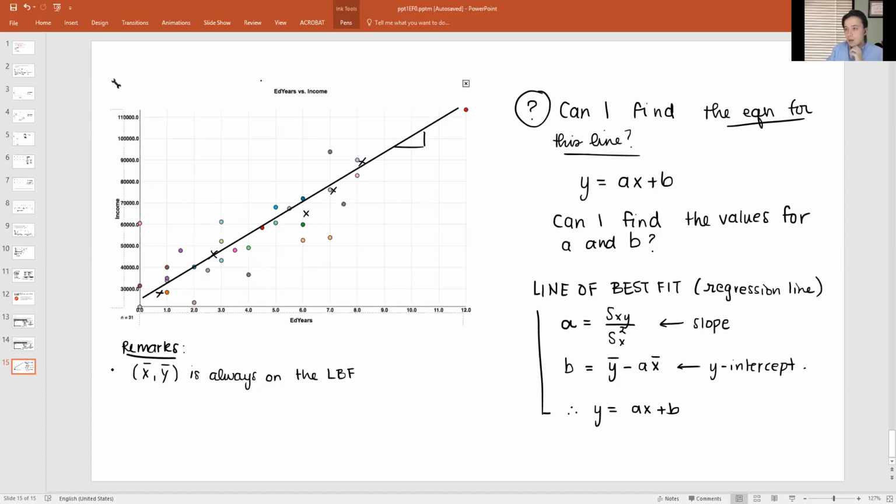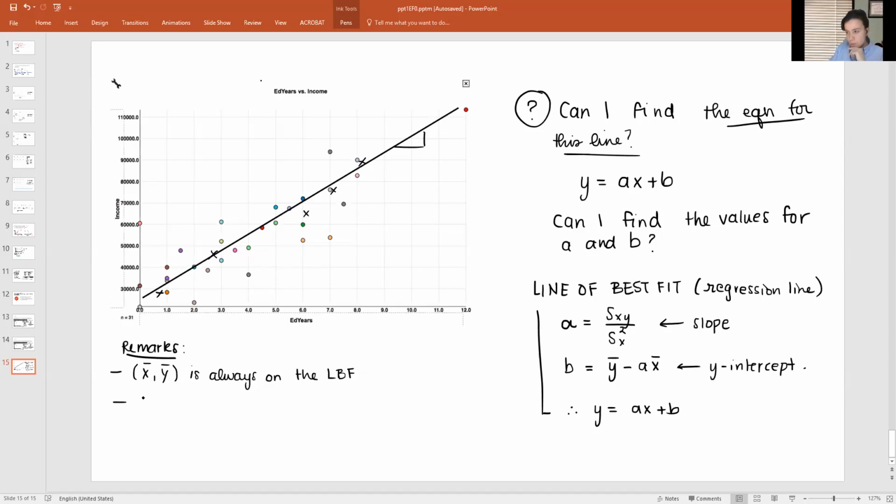X bar, Y bar is always on the line of best fit, which means, for example, in this case, maybe the average X would be somewhere around here, and the Y average would also be somewhere around there. So the line should pass through that point.